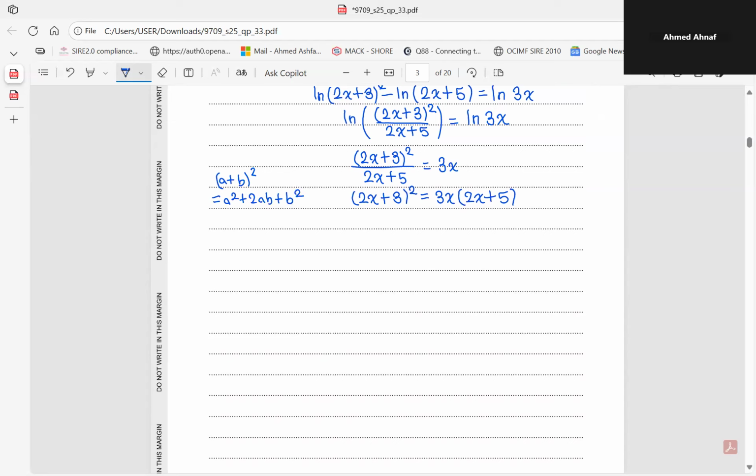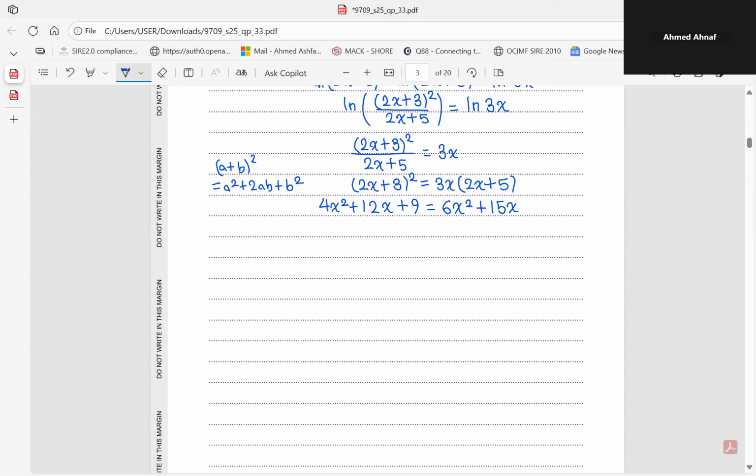So our a would be 2x and the b would be 3. So this would give us 4x squared plus 2 times 2x, that's 4x, times 3, that would be 12x, plus 3 squared, which is 9. And this would be equal to 6x squared plus 3x times 5, which is 15x.